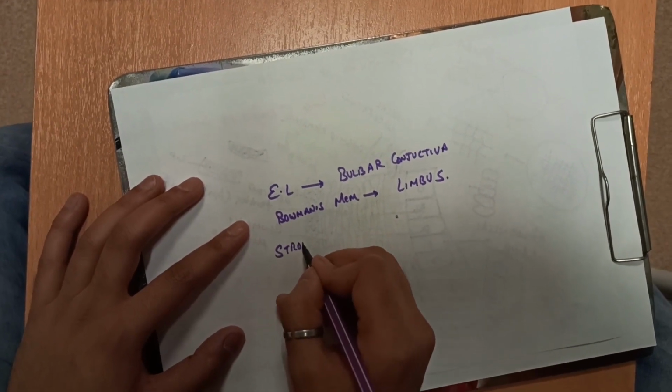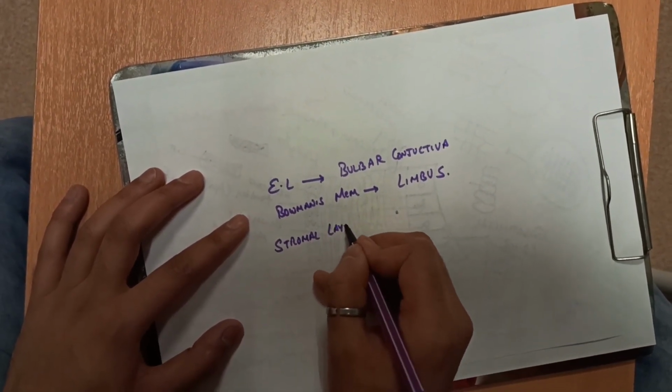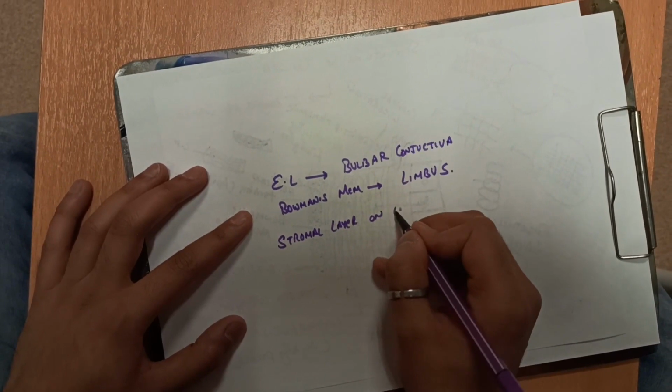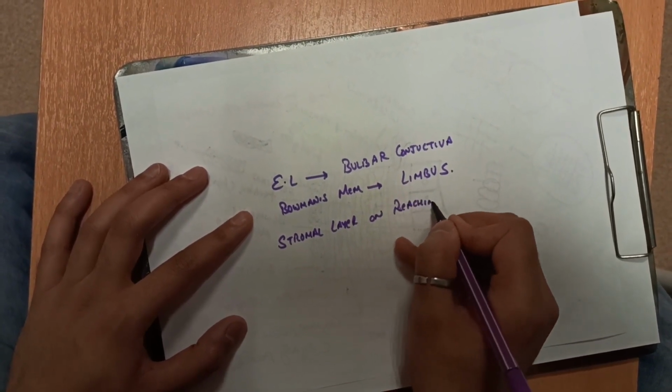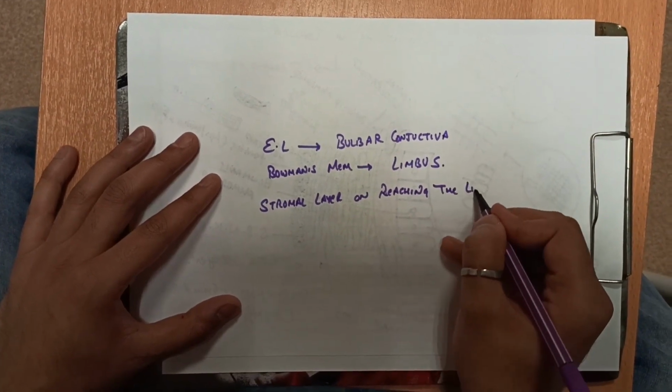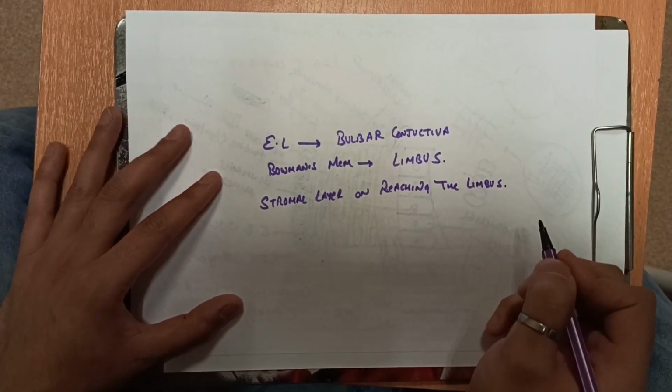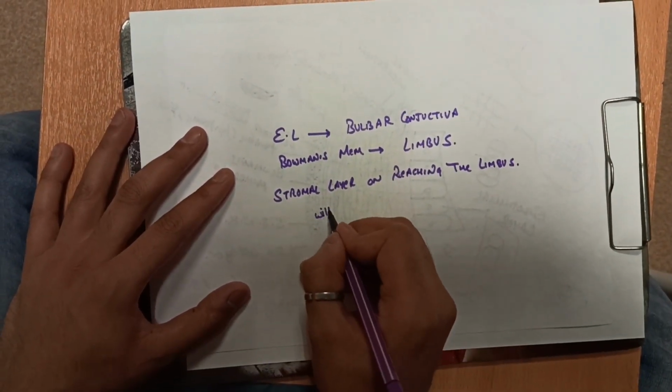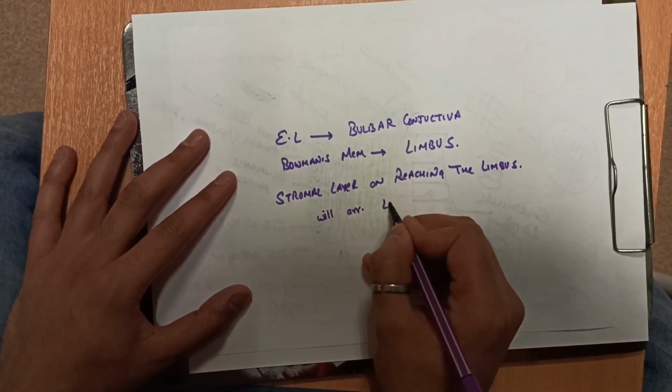The stromal layer, on reaching the limbus, will arrange itself loosely.